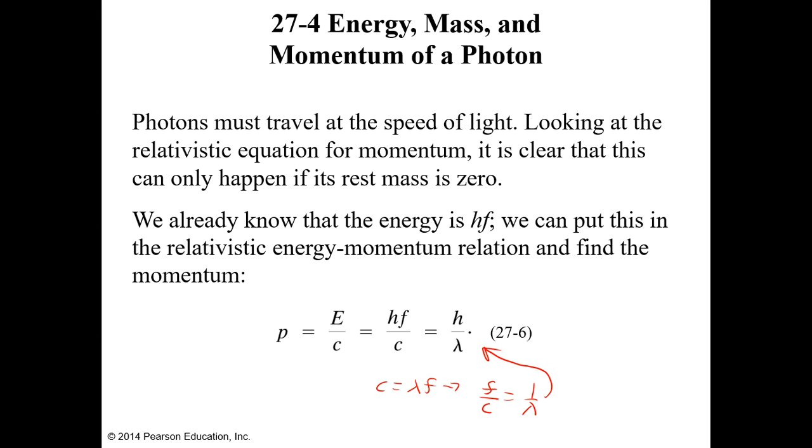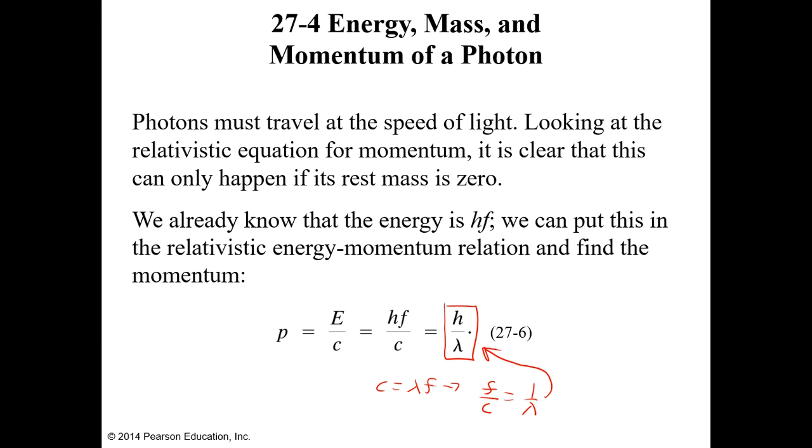Plugging that in here, you find that the momentum of a light wave is Planck's constant divided by the wavelength of the light. Now this is really interesting because for momentum, you have to have mass, right? Remember, we're dealing with relativistic effects here, and so things get a little weird.